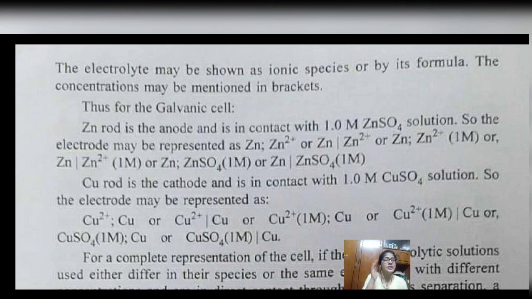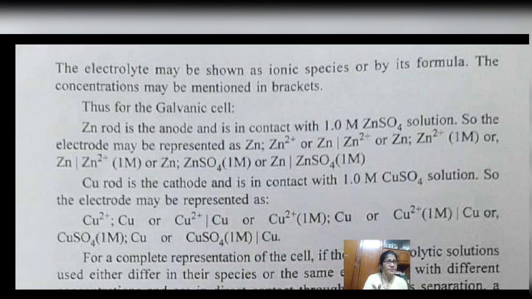That means zinc getting converted to Zn2+. So first we write Zn within bracket s for solid, then we put a vertical line, and then we write Zn2+. And we know Zn2+ is in solution and the concentration of the solution is aqueous 1 molar. So first we write Zn within bracket solid, a vertical line, and then Zn2+ aqueous 1 molar.